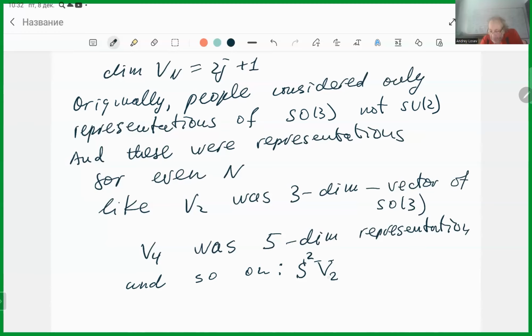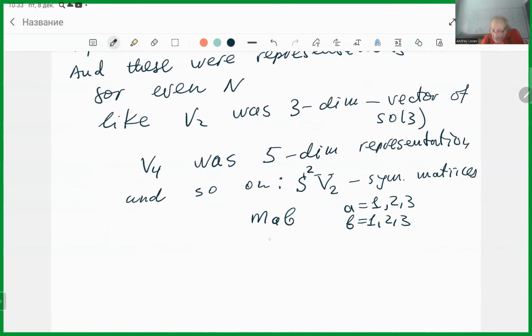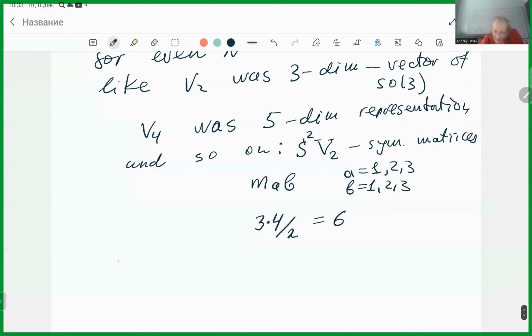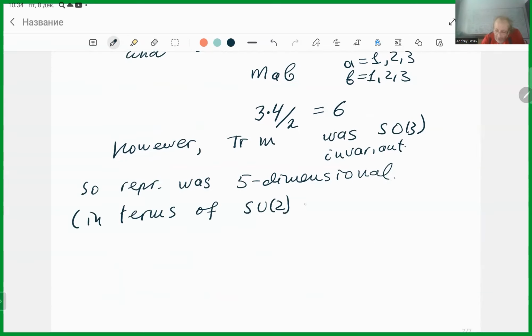People studied the symmetric product of representations, so these were symmetric matrices M_AB, where A was running from 1 to 3, and B was also going from 1 to 3. So altogether, the number of matrix elements was 3 times 4 over 2, so it was 6. However, the trace of M was SO3 invariant, so the representation was five-dimensional. In terms of SU2 representation, it corresponds to even n.